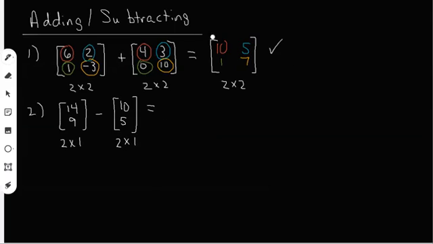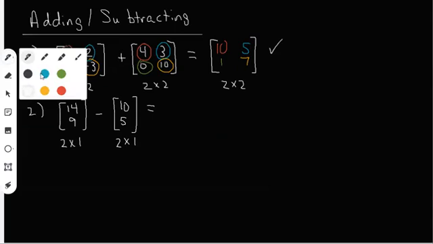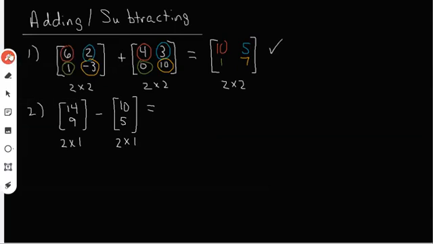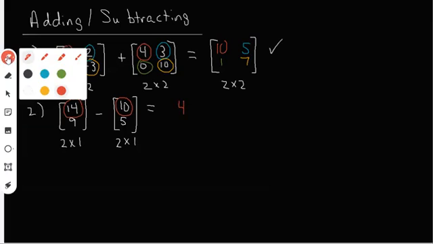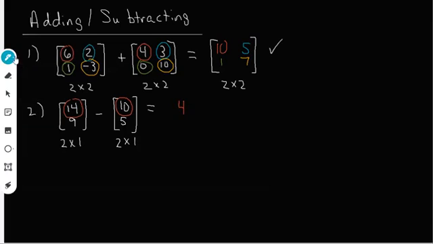So let's go ahead and circle the first 2 numbers. And I'll do this in red. So the first 2 numbers are 14 and 10. So we're going to subtract those. What's 14 minus 10? That's going to give me 4. Okay. Let's circle the next 2 numbers. 9 and 5.